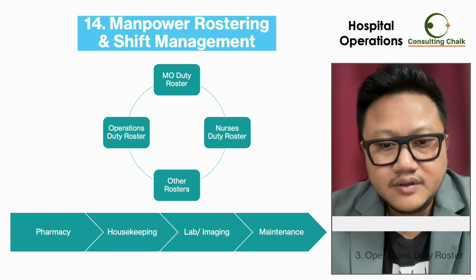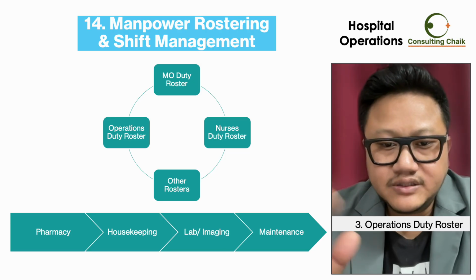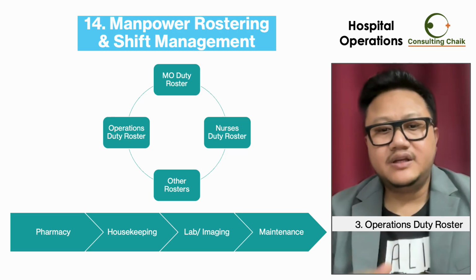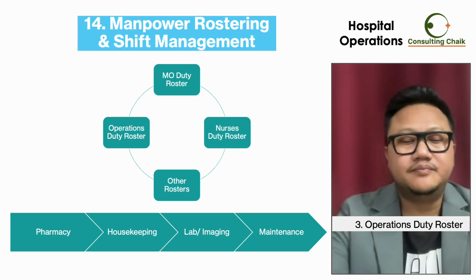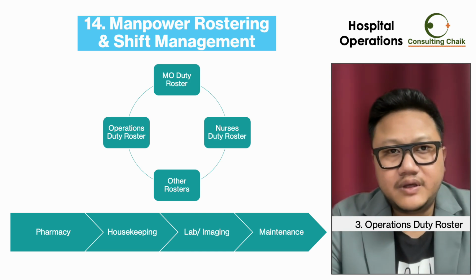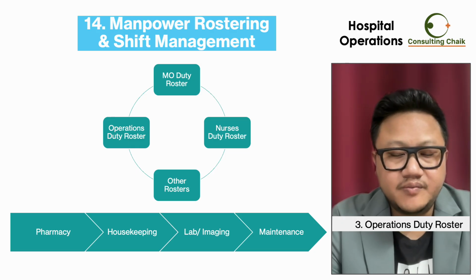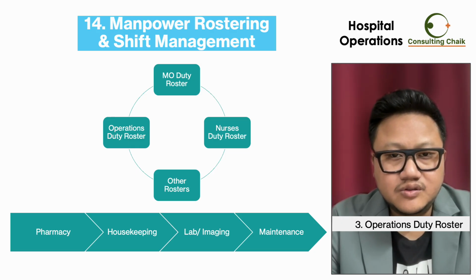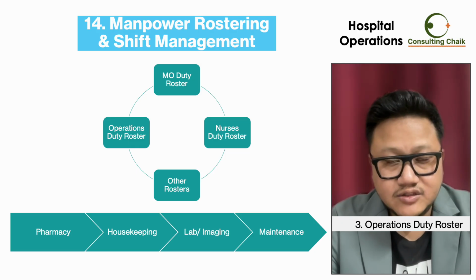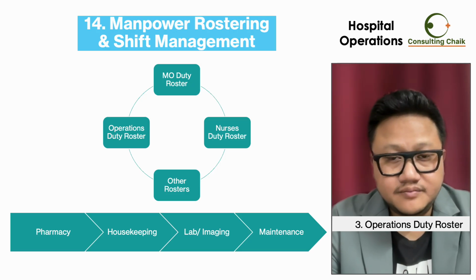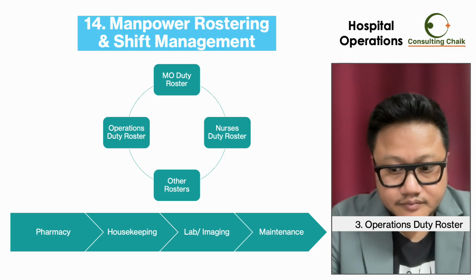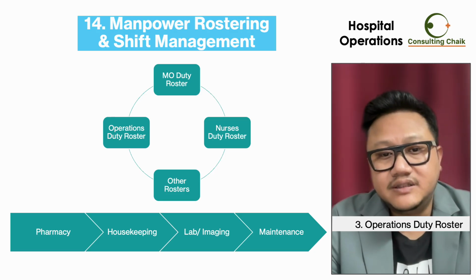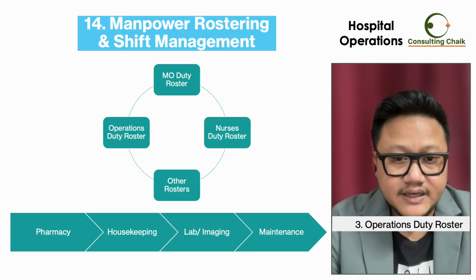Okay, then you have your operations duty roster. So in terms of operations, you have to have a 24-hour listing. So it's not just the daytime operations people who are there, but during the night there also has to be a night duty officer, a night hospital manager as well, assigned.